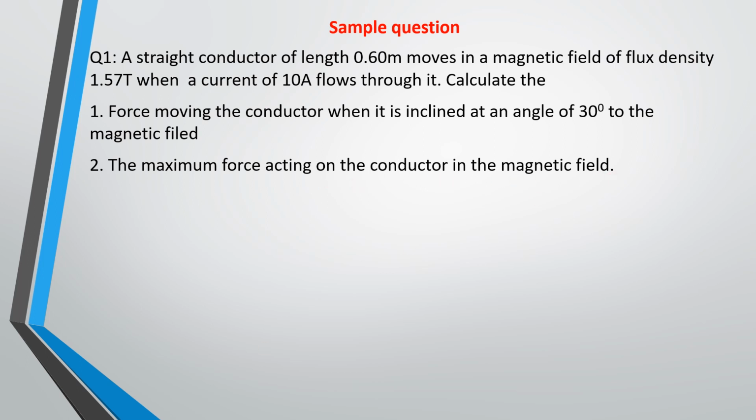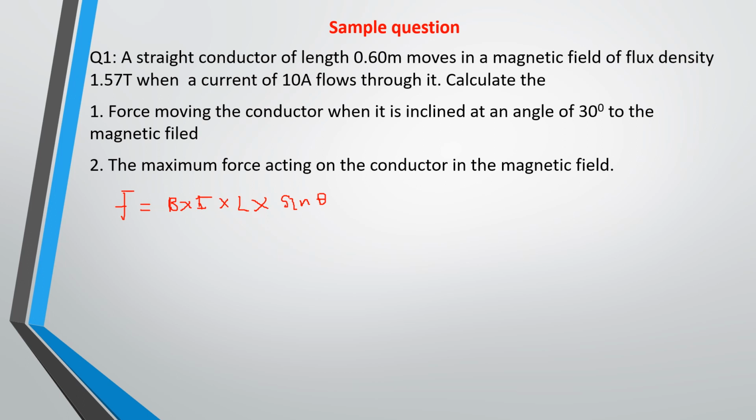So first we'll write down the equation for the force. The force is equal to B times I, which is the current, times the length of the conductor, times sine theta.